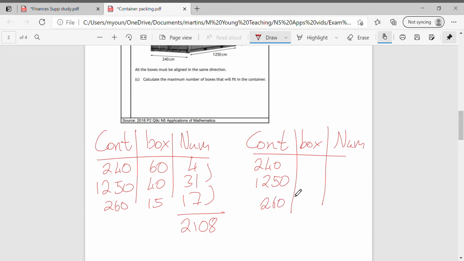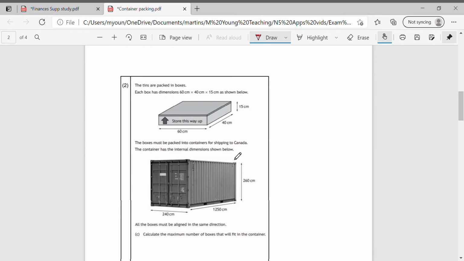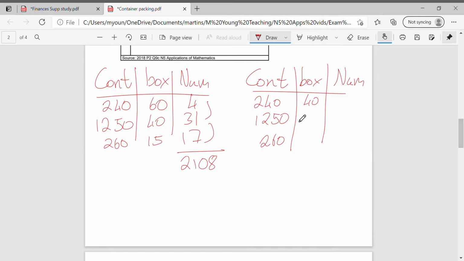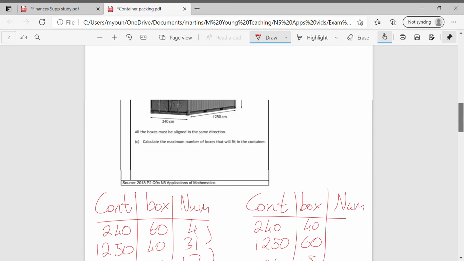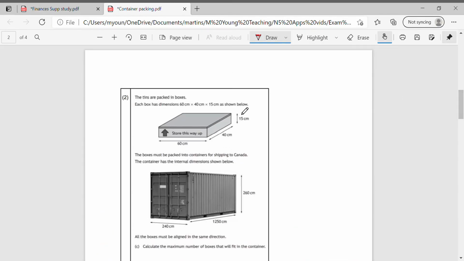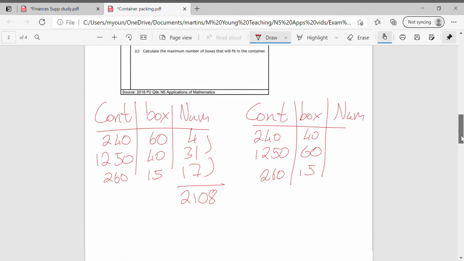So the 40 is going to correspond to this. The 60, because that's rotated round, is now going to correspond to the 1250. And then the 260 and the 15 will be the exact same because we're not able to change this dimension, because we're told we've got to store it this way up.